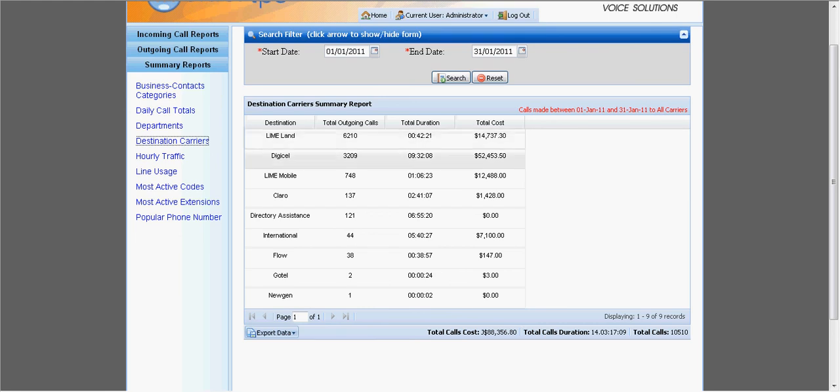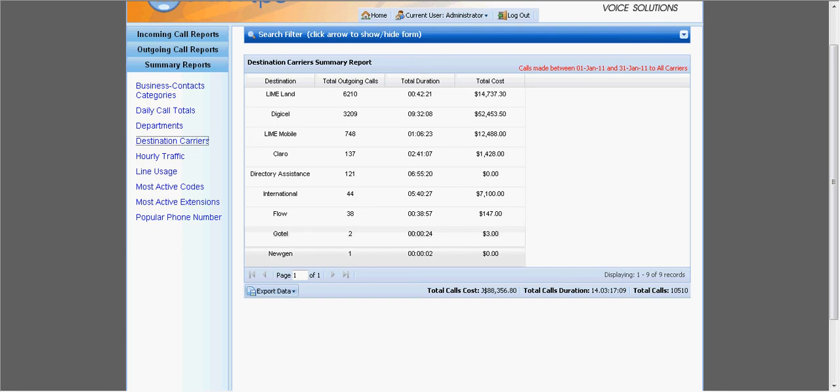In this case, it summarizes all the different carriers that the call activity for the period were processed by, and you'll be able to summarize what your total calls are and what your most used network is. Of course, you can use this to determine whether you need to add additional trunks or lines from a particular carrier on your PBX to make best use of least cost routing to minimize your telephone bill.